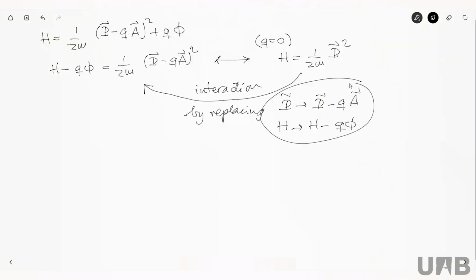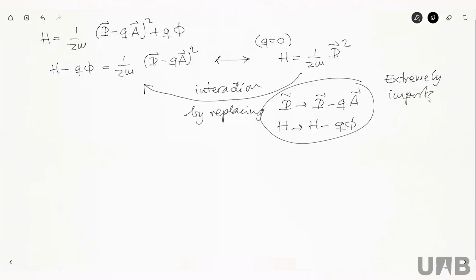This simple replacement generates from a free system the electromagnetic interaction. This is trivially true, and it sounds something very simple, very naive, very trivial, but actually is extremely important.